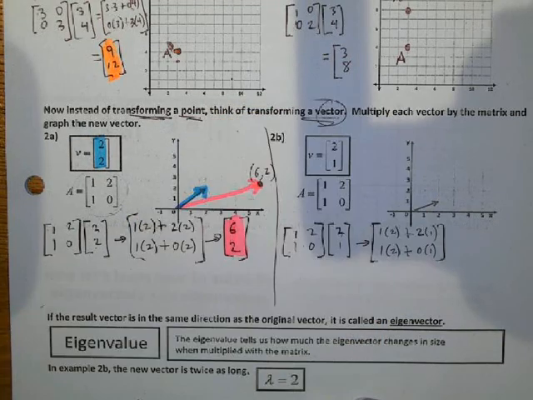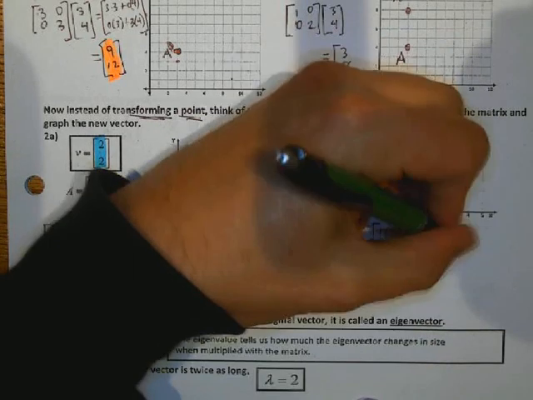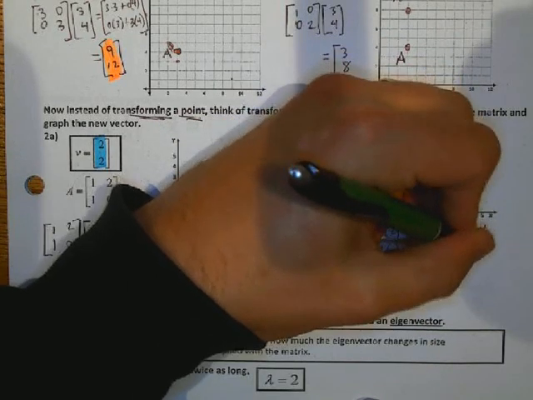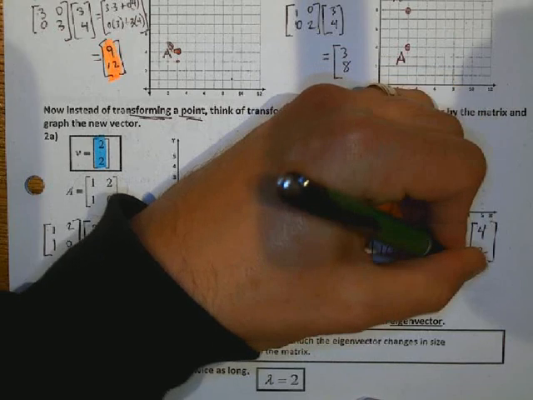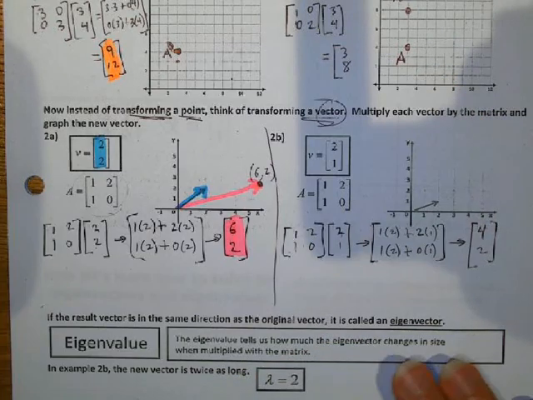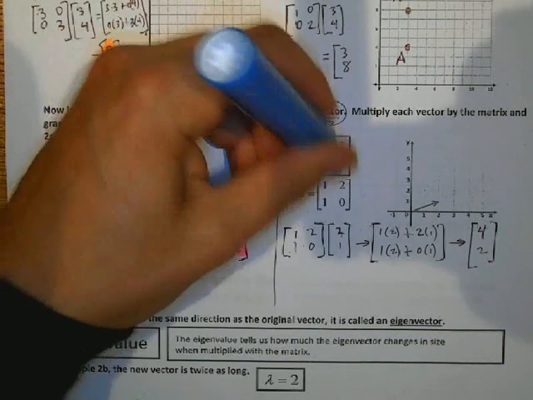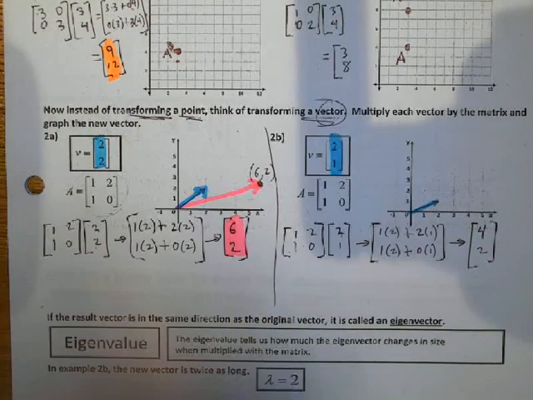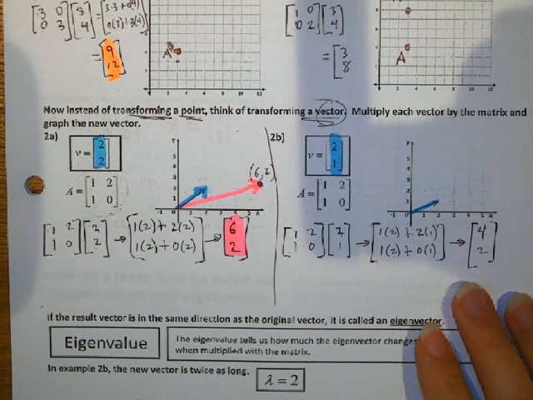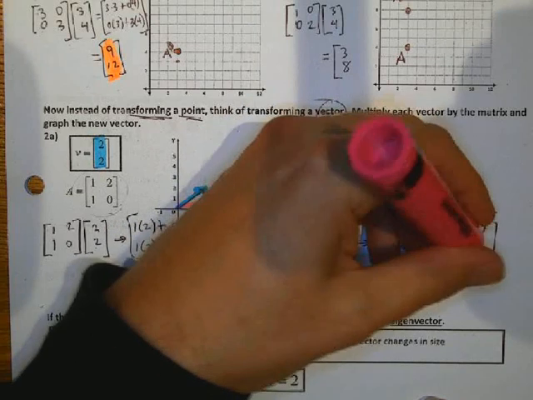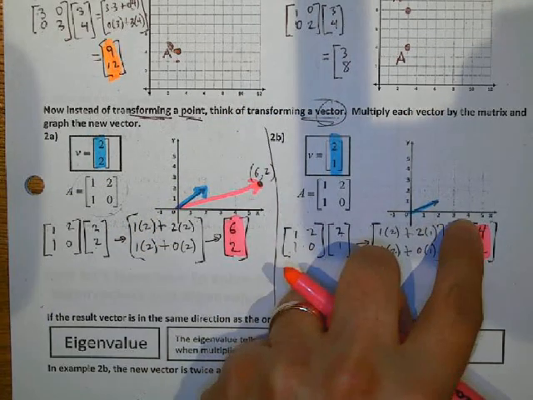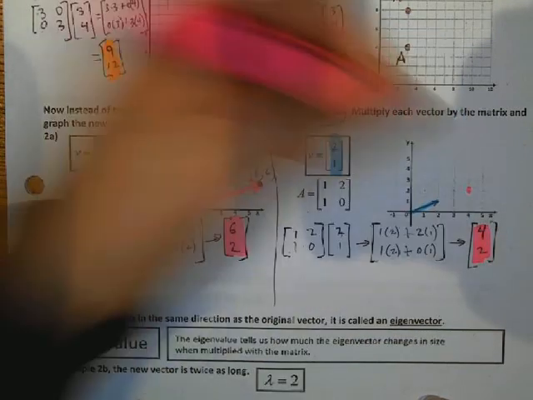And so that becomes 4, 2. And that's my new vector. So once again, I'm going to highlight the old vector 2, 1, and my new vector is 4, 2. So that means I'm going to go 4 to the right and up 2, right?